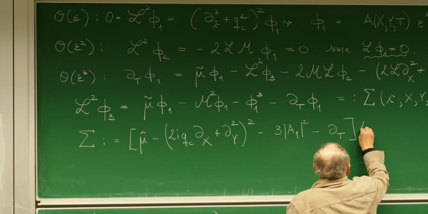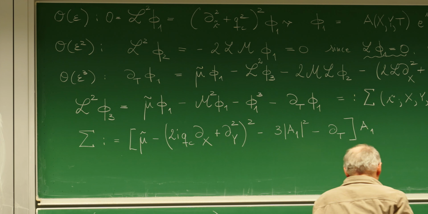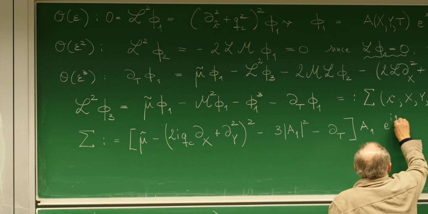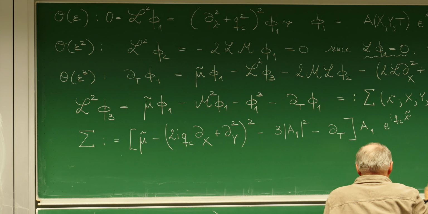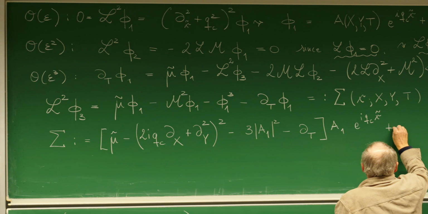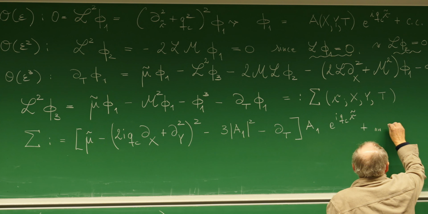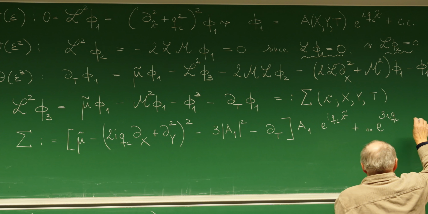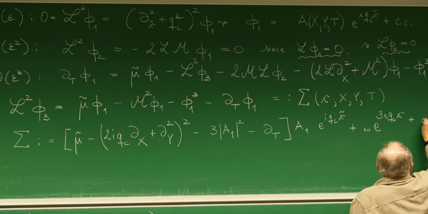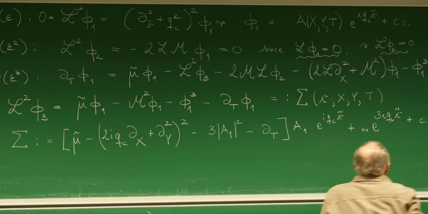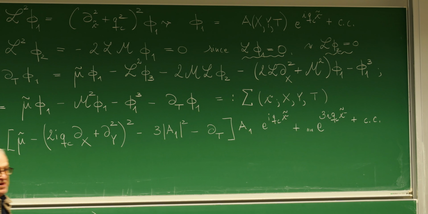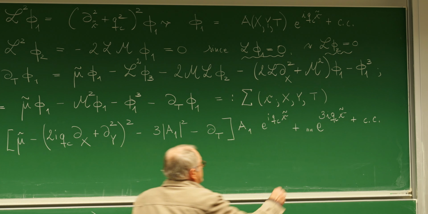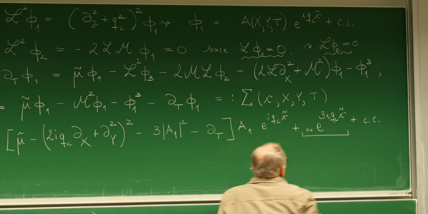And this is then acting on A1, which can be a function of time t, e to the i qc x, plus something that I don't specify, e to the 3 i qc x twiddle, plus complex conjugate. And there will be lots of terms in this dot, dot, dot, where I take the third harmonic, so this one here, but we don't need it.